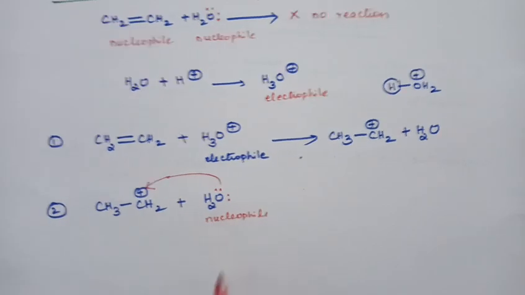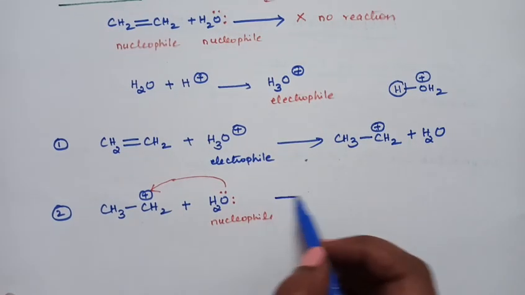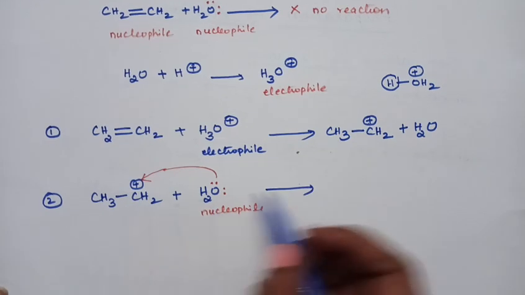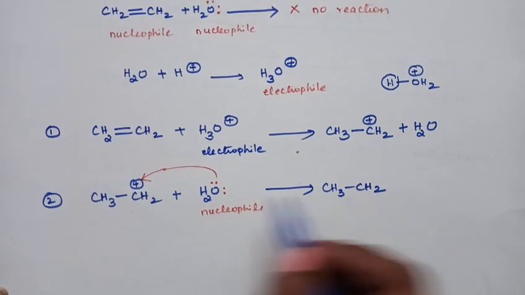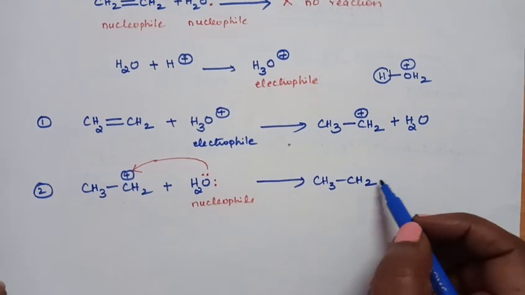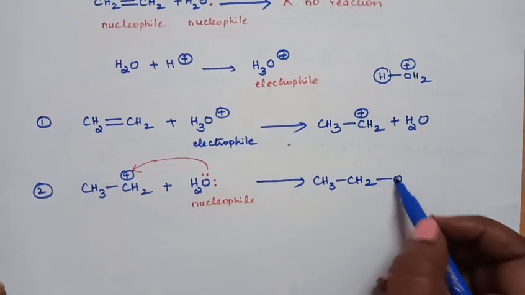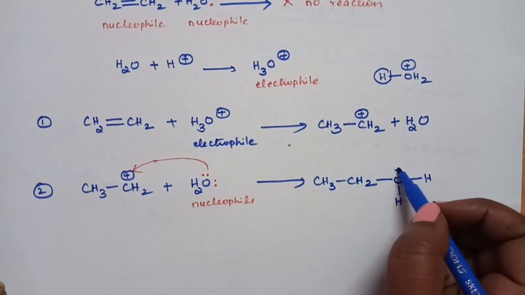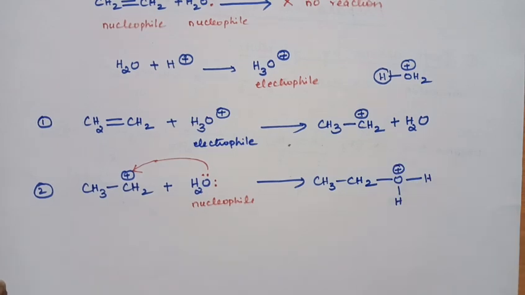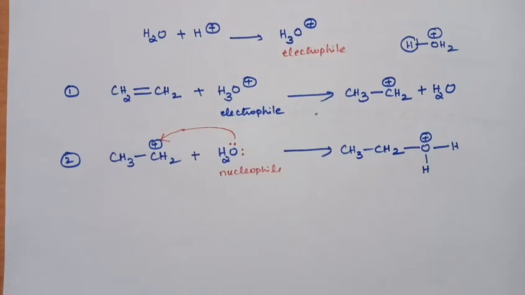So second step, nucleophile attacks carbocation. You will be getting CH3 CH2 and this OH2 is attached. So let us write like this, O H H and then positive sign here, OH2. So this is the second step.